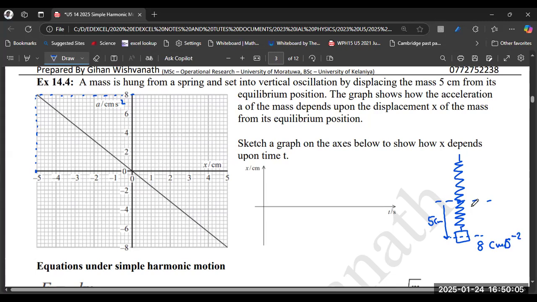When it is in the center, little by little the displacement is reducing. That means it comes up. Then here the displacement would be 0. That means it would be what? 0 acceleration. It goes up.